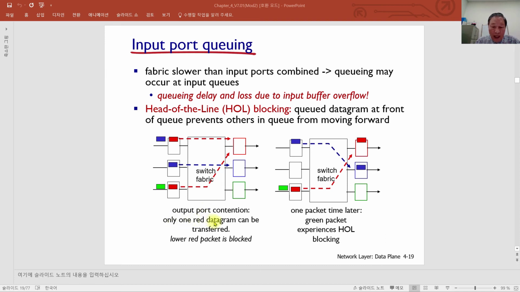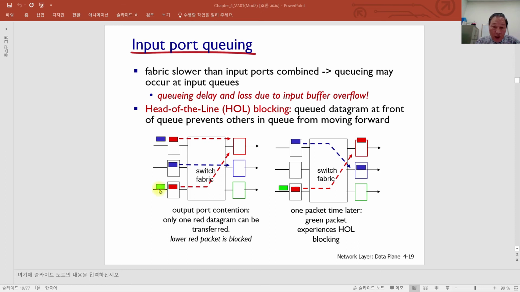Here only one red datagram can be transferred. Let's assume the first one goes first, and the next one should wait. Then the next one is subject to head of the line blocking.